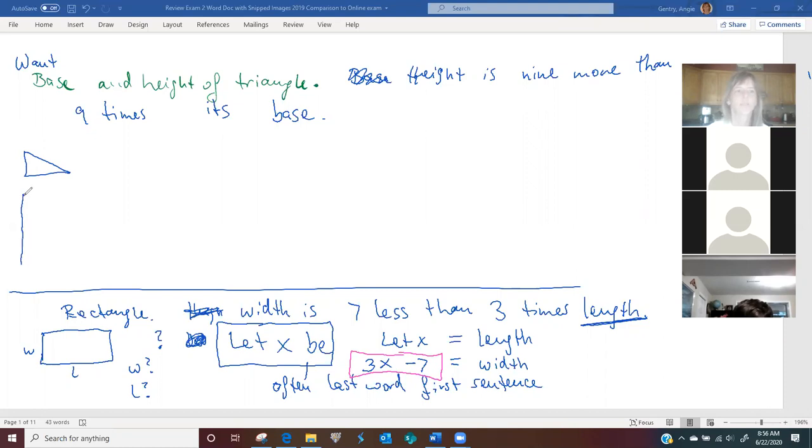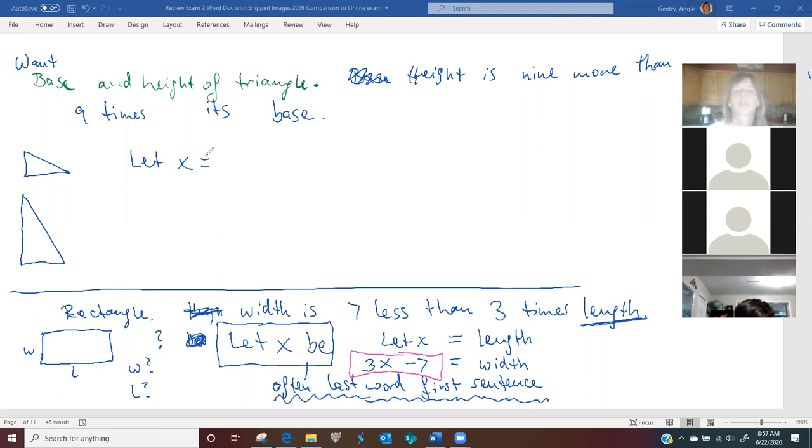It doesn't matter. The sketch does not matter as long as it makes sense. So we're going to say let x be. The height is 9 more than 9 times its base. Last word, first sentence, or last word in a sentence. It depends on what they're talking about.